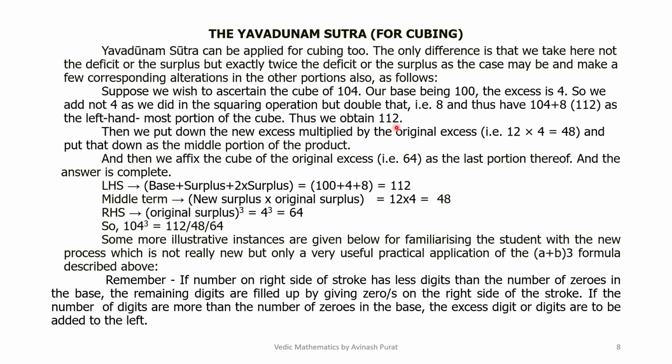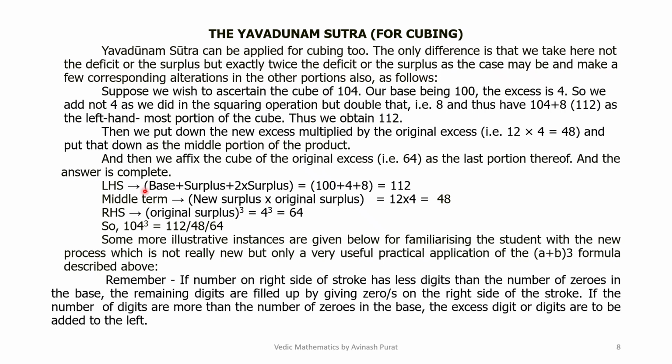Thus we obtain 112. Then we put down the new excess multiplied by the original excess, that is 12 into 4 equal to 48, and put that down as the middle portion of the product. And then we affix the cube of the original excess, that is 64, as the last portion thereof, and the answer is complete.